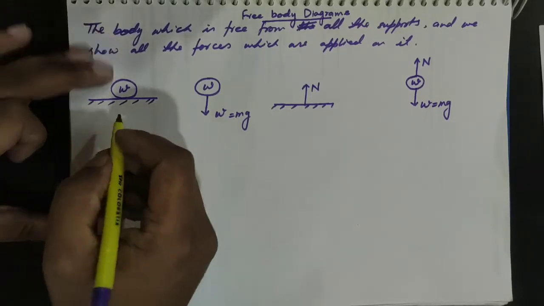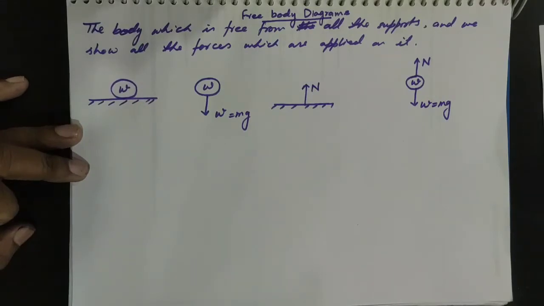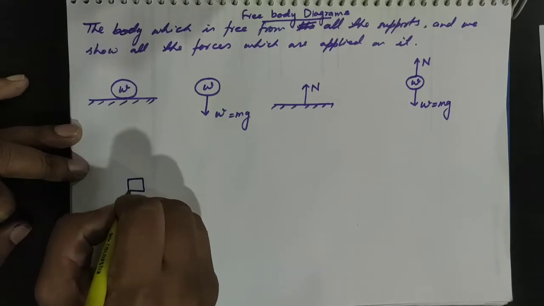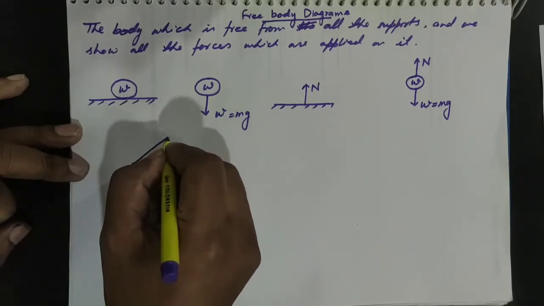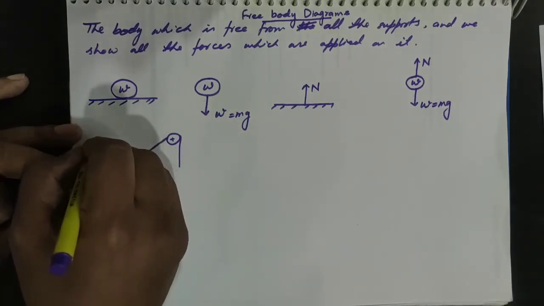Like, we can also have such a kind of diagram, a mass which is pulled by two persons by means of a pulley.